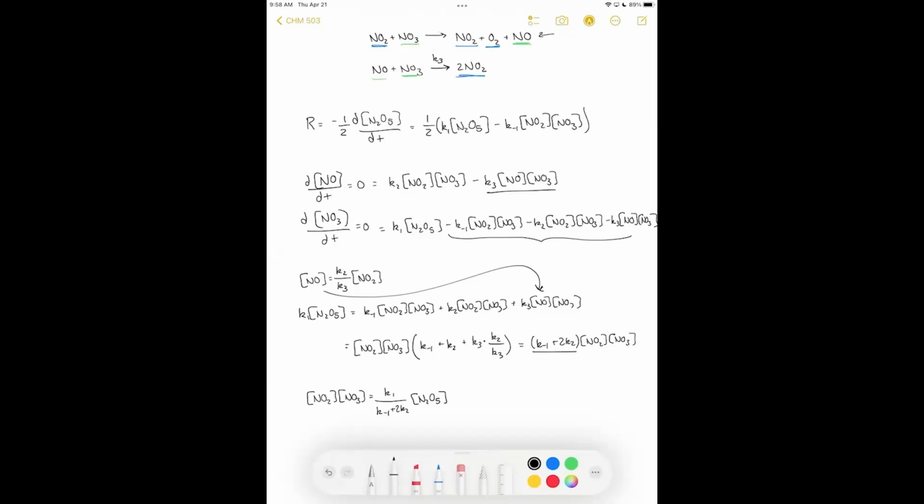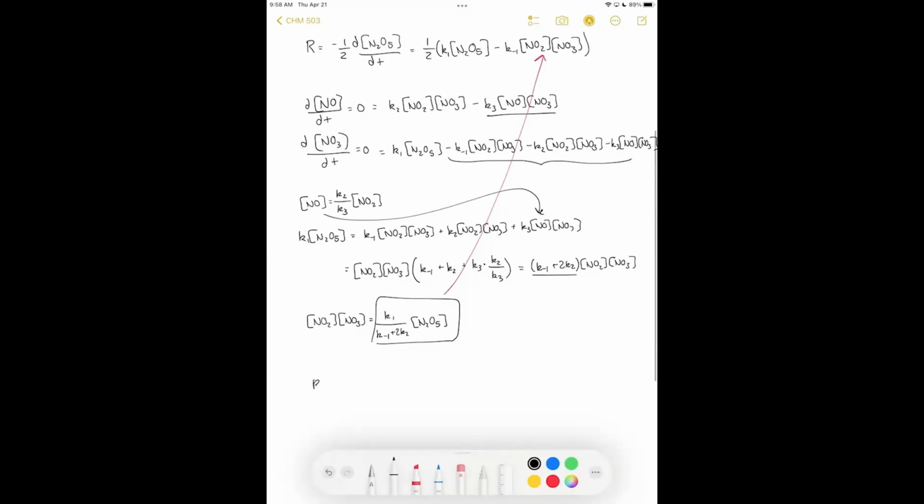We can now plug this in here for what we didn't know before, the concentration of NO2 times NO3, to allow us to actually solve the rate. So the rate is then equal to 1/2 times K1 times the concentration of N2O5 minus K minus 1 times K1 over K minus 1 plus 2K2 times the concentration of N2O5.